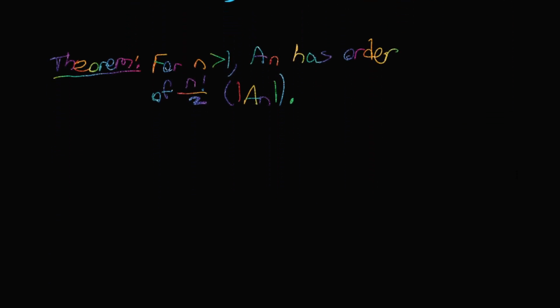All right. So let's take a look at our last theorem here. So our last theorem is that for n greater than 1, A of n has order of n factorial over 2. All right, so to prove this, we will have to look at some cases, just 2 cases.